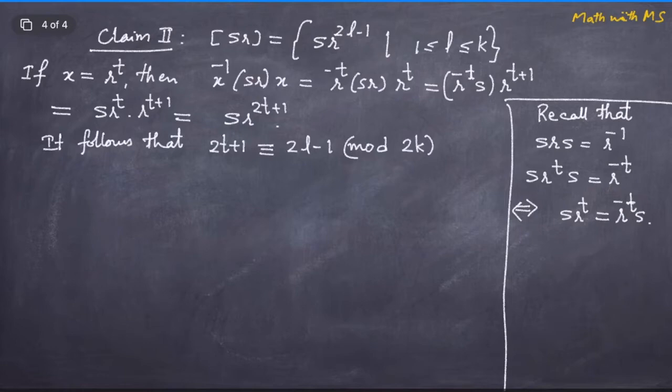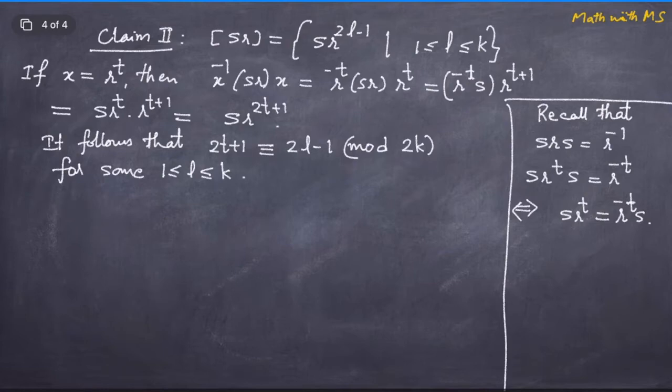Since n equals 2k is even, it follows that 2t plus 1 is congruent to 2l minus 1 mod 2k for some l bigger than or equal to 1 and less than or equal to k. Thus, in this case, the conjugate of SR is as in the right hand side of the claim.